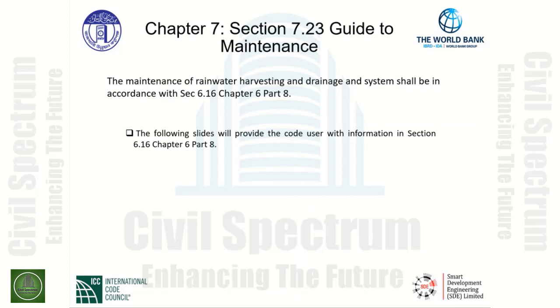Section 7.23, Guide to Maintenance. The maintenance of rainwater harvesting and drainage systems shall be in accordance with Section 6.16 of Chapter 6, Part 8. The following slides will provide the code user with information contained in Section 6.16, Chapter 6, Part 8.